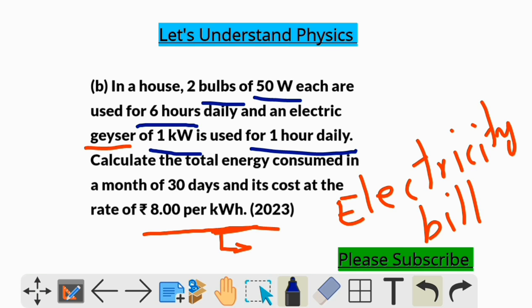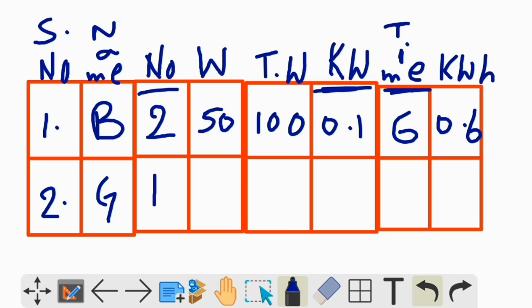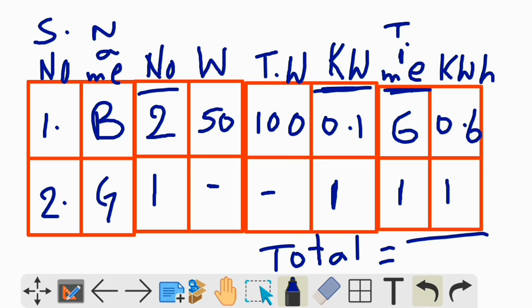Generally they give the time in hours only, so you need not worry. Only when they give in watts, then you have to convert it into kilowatts. That is important. But here they have directly given 1 kilowatt, I have written, and time is also 1 hour. Then it becomes 1 kilowatt hour. Now here we just need to find total kilowatt hour. That's all. Total kilowatt hour will become 0.6 plus 1, 1.6 kilowatt hour we have as total consumption.